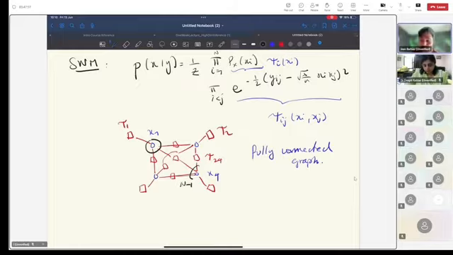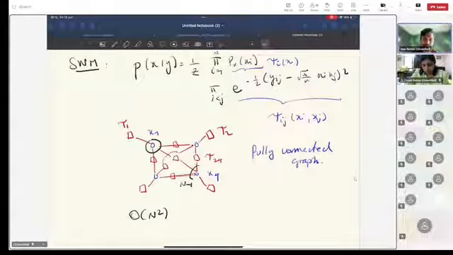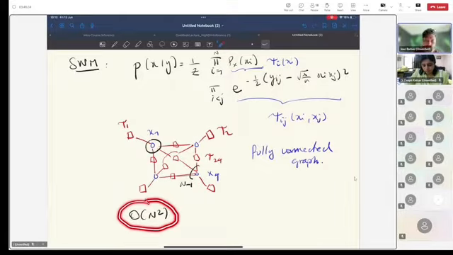So the number of messages is of the order of n squared, because every node is receiving messages from n-1 variables, which is essentially n, and is sending messages towards n factors, okay? And this for every node. So the total number of messages you have to update is n squared.